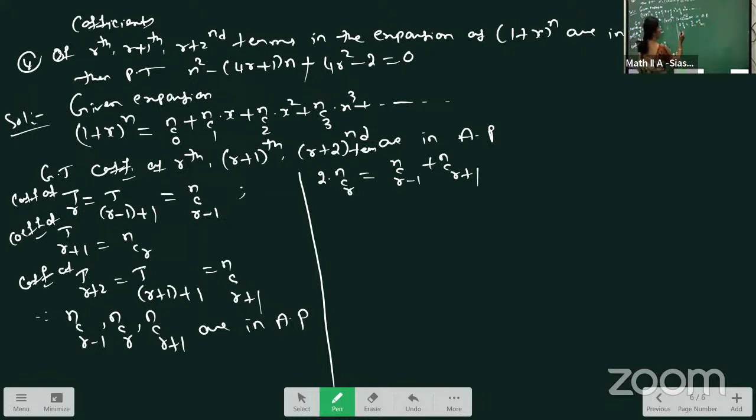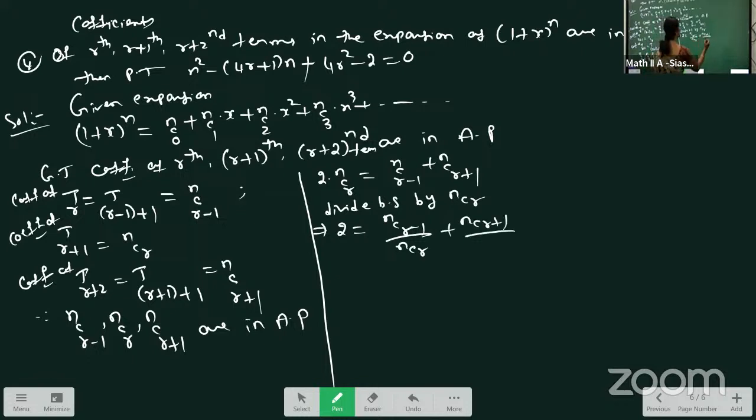Again, what to do here? Divide both sides by nCr. If we divide, here only 2 is left, and on the other side nC(r-1)/nCr + nC(r+1)/nCr. Now apply the formula.